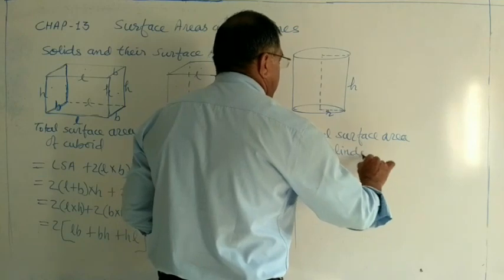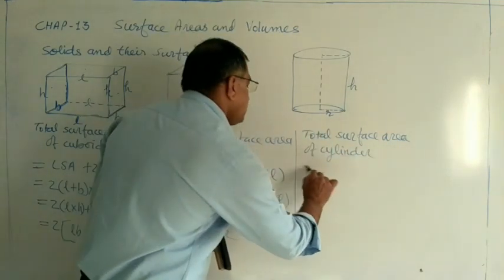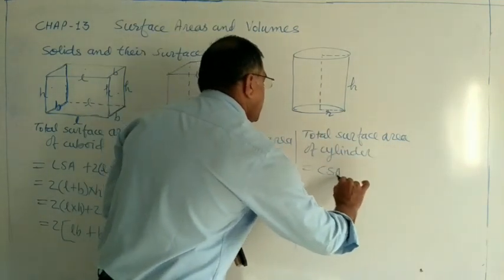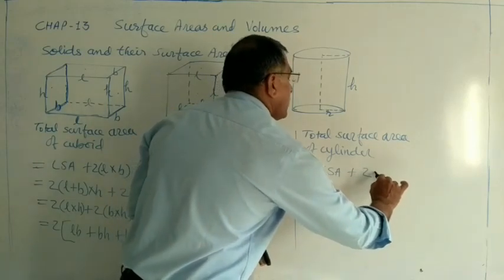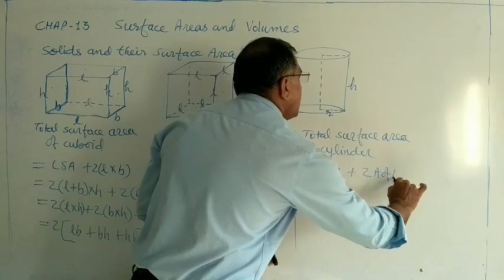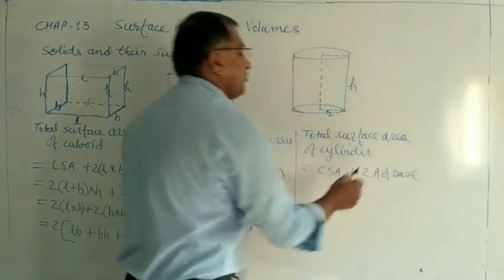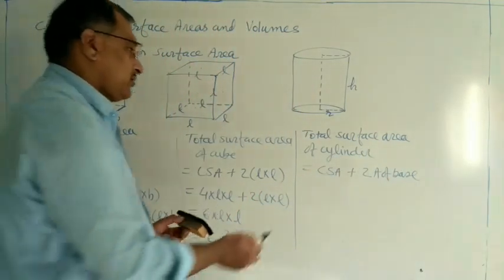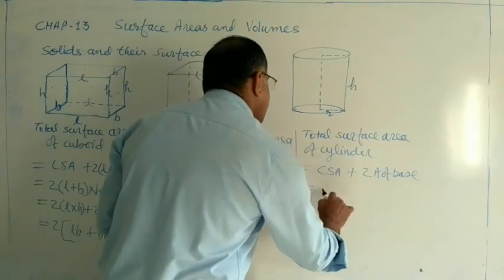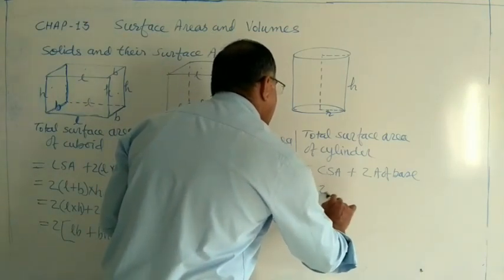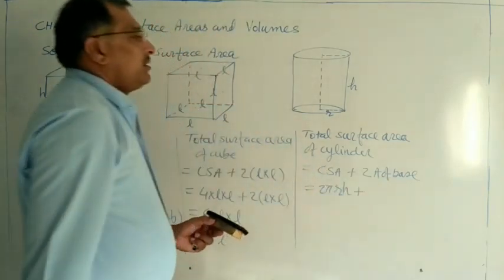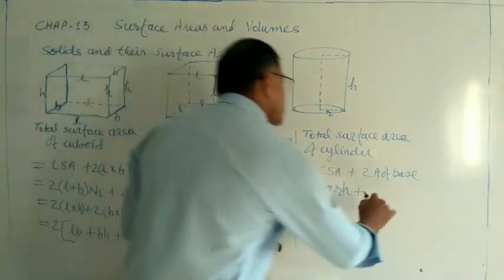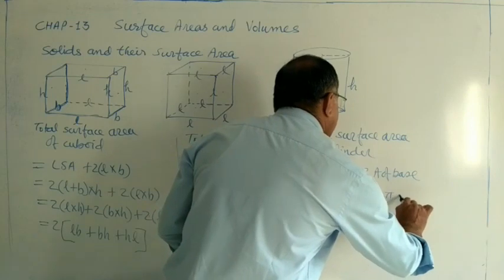Now you see here curved surface area plus 2 times area of top and bottom, or we say area of base. Base and top both have the same area, so we can take 2 times the area of base. Curved surface area is 2 pi r h, and area of base is pi r square.